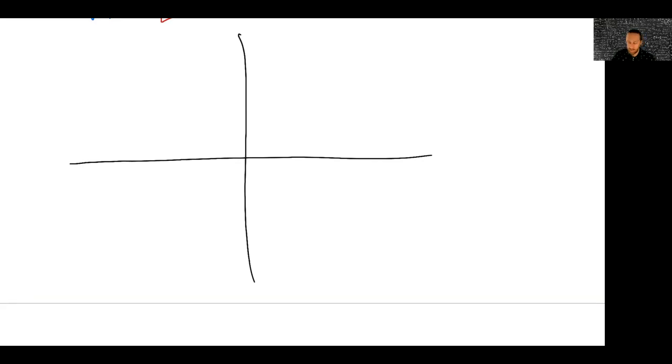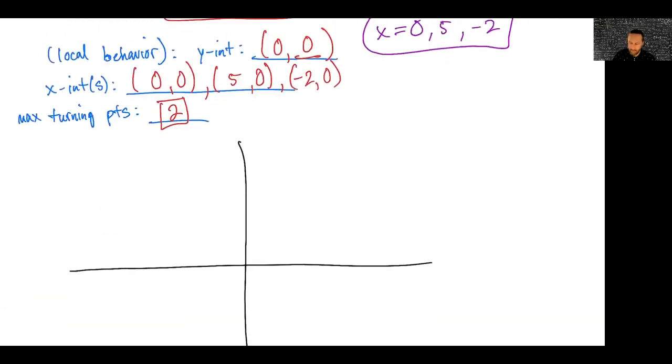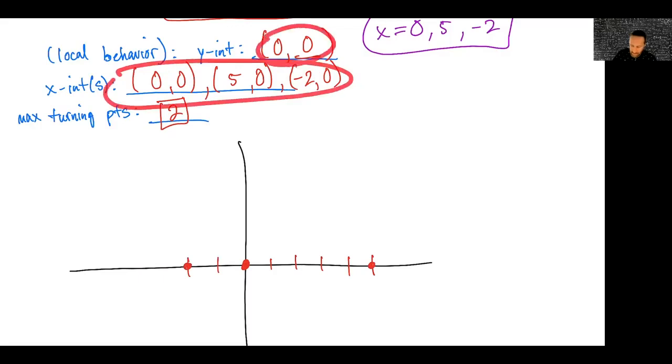Let's graph it real quick by starting with labeling these points that we already know. The 0, 0, which was both an x and a y-intercept. The 5, 0. The -2, 0. Those are all my x-intercepts, and that also was my y-intercept.